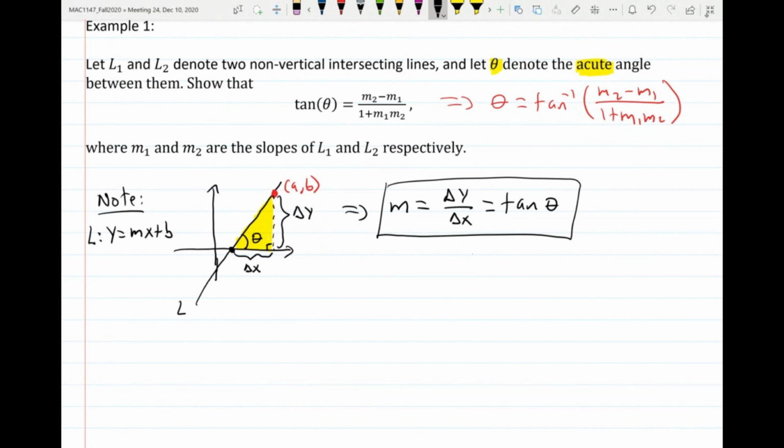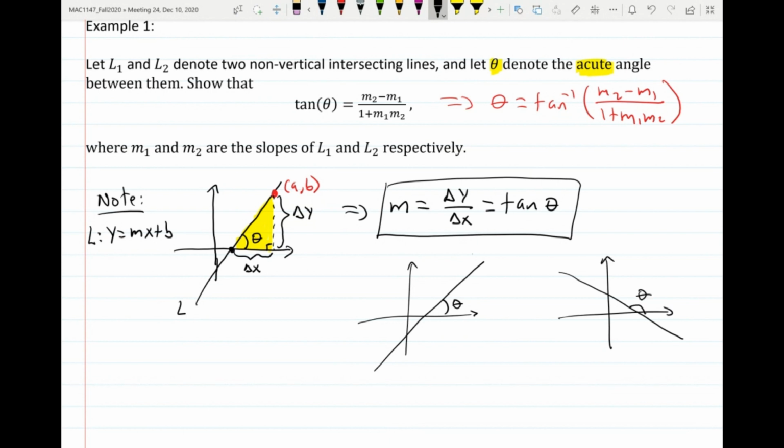So notice that if the angle is acute, if the angle is less than 90 degrees, then that means the line is going up, and as you know, tangent of theta is positive. So positive slope is another way of saying the line is going up. And if you make an angle that's more than 90 degrees, so something like this, right?